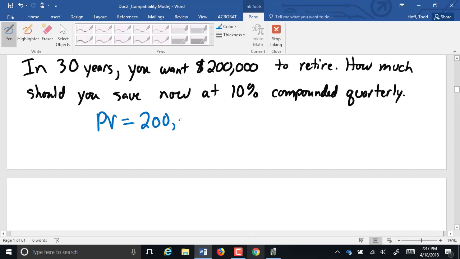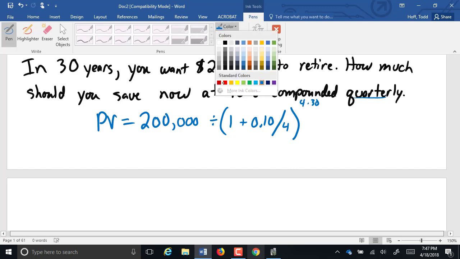So we start out with the 200,000 divided by parentheses 1 plus 10%, which is 0.10, divided by 4 for quarterly, close parentheses, to the power of 4 times 30, which is 120, exactly.